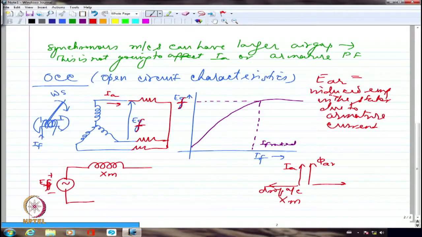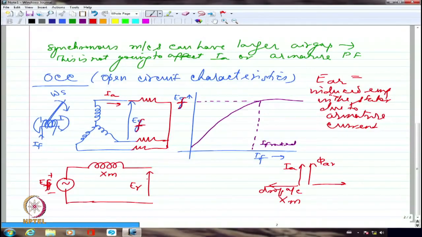So I am going to have a reactance which is specifying what is the amount of voltage induced in its own self, that is the stator winding itself, which is due to the armature current, that is its own current. So whatever is available here, I may call that as the resultant EMF that is available in the armature terminal.